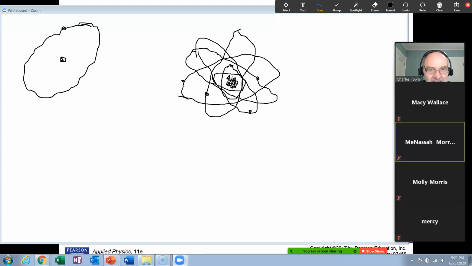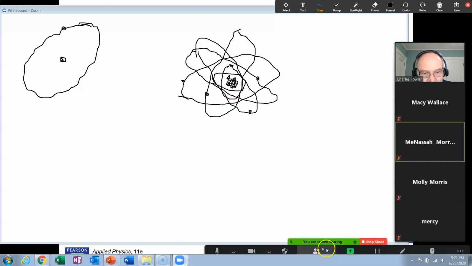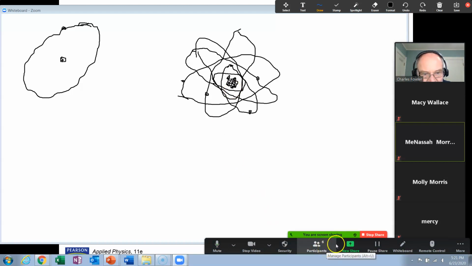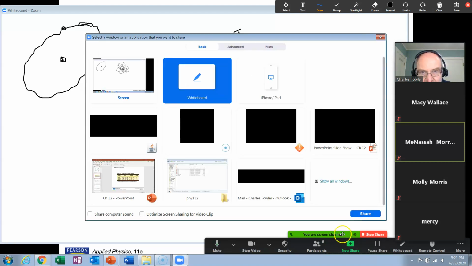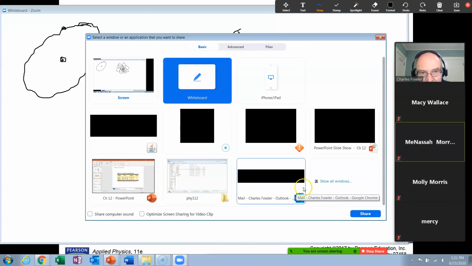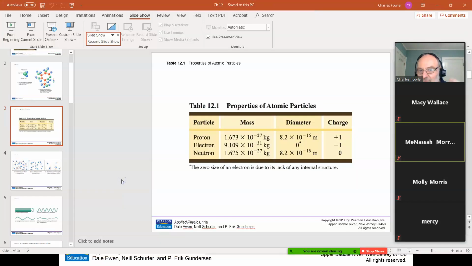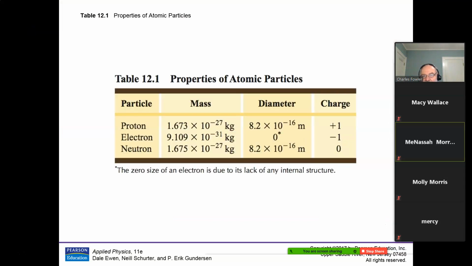Okay. Now, let's go back to the slide. We still have the 5 people here and me. There's our slide again. This shows the masses of those 3 subparticles, atomic particles that make up an atom.